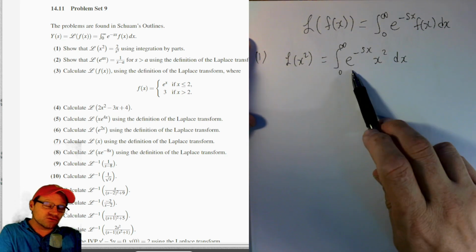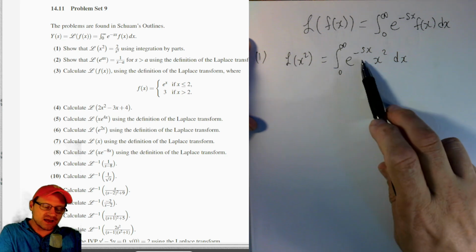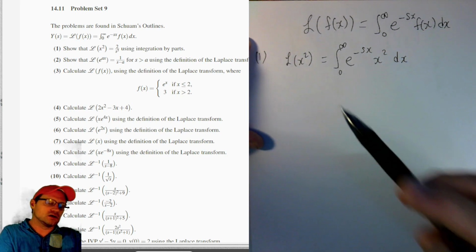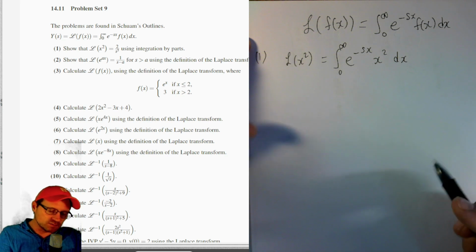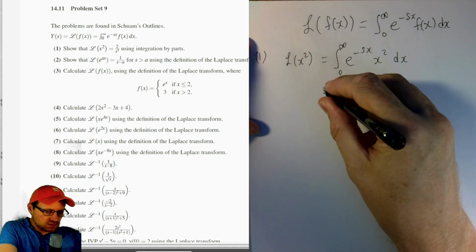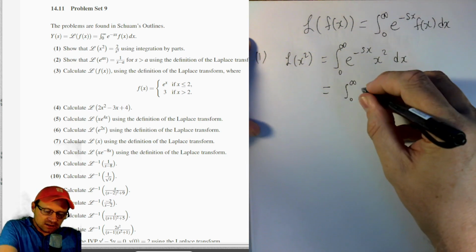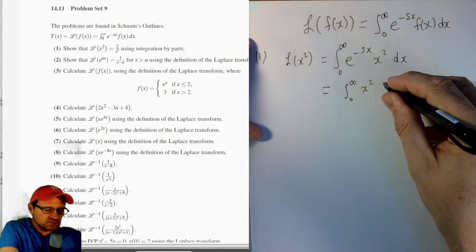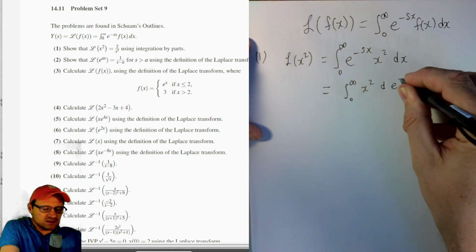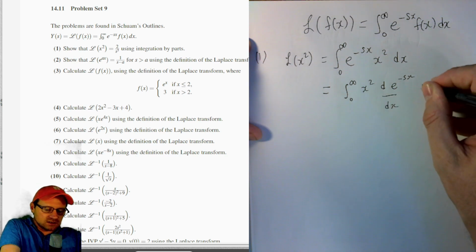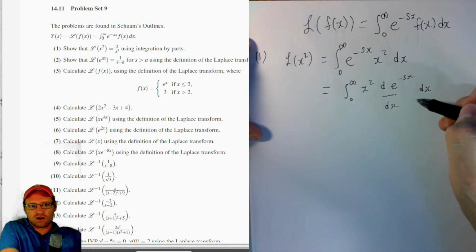So let's trade this e to the minus sx in for a derivative so that we can use integration by parts. Okay, so then we have the integral from 0 to infinity of x squared d of e to the minus sx. But that's not quite true there.